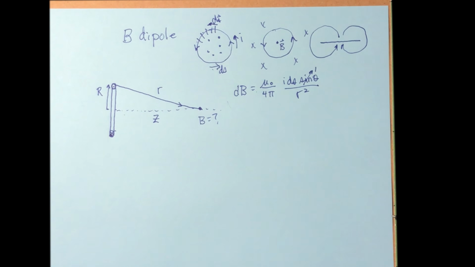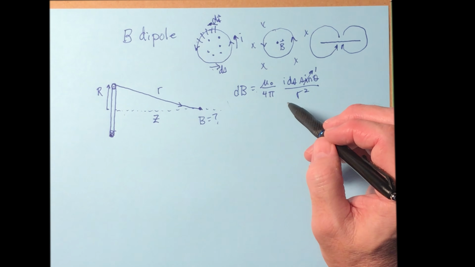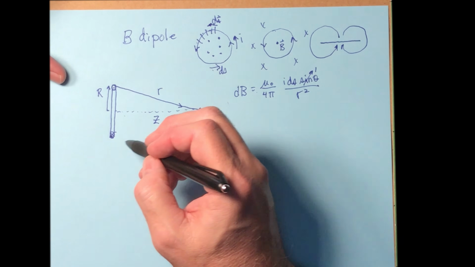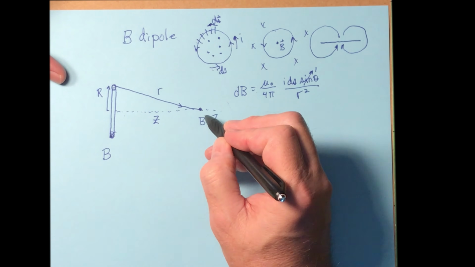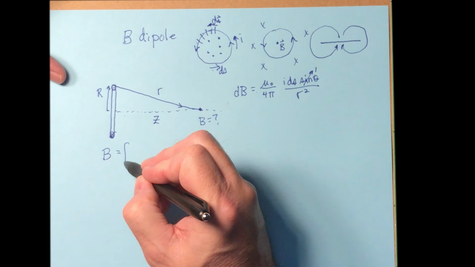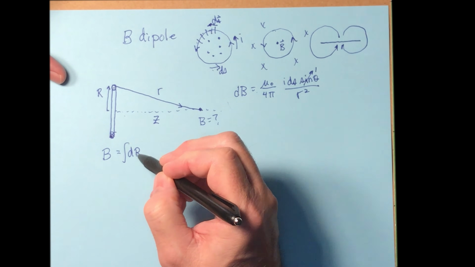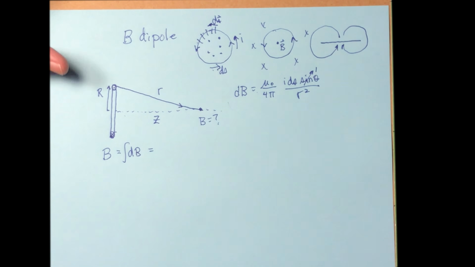Well, if that's the case, then we can probably figure this out pretty easily. We recognize that the total magnetic field at that point is just going to be the sum of the individual dBs. And when we stop to think about this, there's going to be a cosine term in here as well, and let me show you where that comes from.